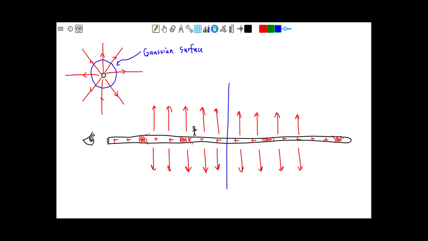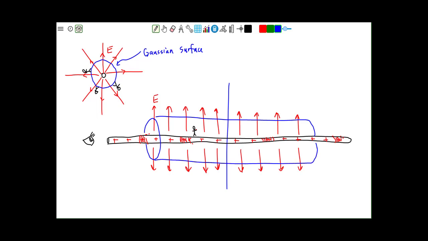Now, from this vantage point you see here, our electric field is symmetric everywhere around that cylinder. At every point on the cylinder, the value of the electric field is the same. It has the same magnitude, and relative to that point, it has the same direction because it is perpendicular to the surface of this Gaussian cylinder. Now, if we look at it from this vantage point, this cylinder has a length and it has a radius.